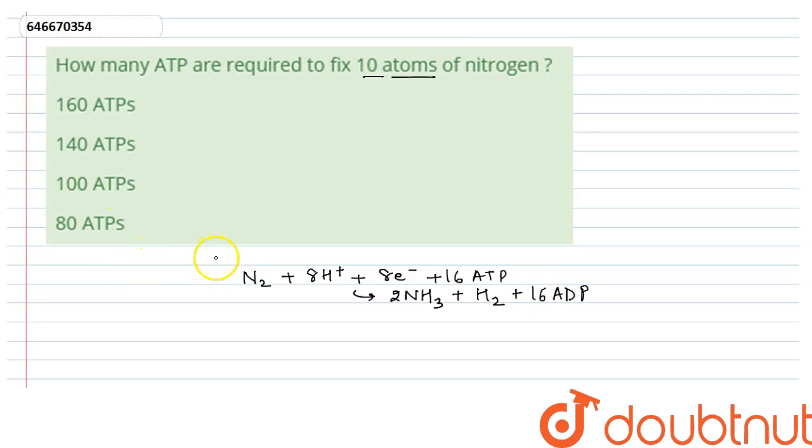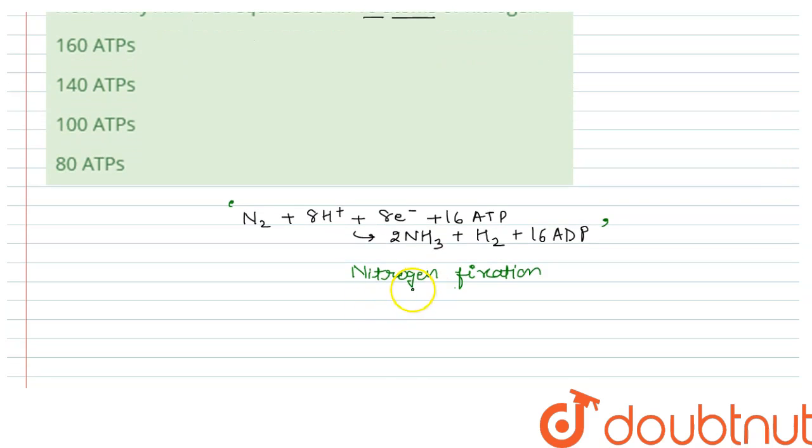This is the sole nitrogen fixation equation in bacteria. So there are special bacteria which are known as nitrogen fixing bacteria. Some examples are Rhizobium, Cyanobacteria, etc.